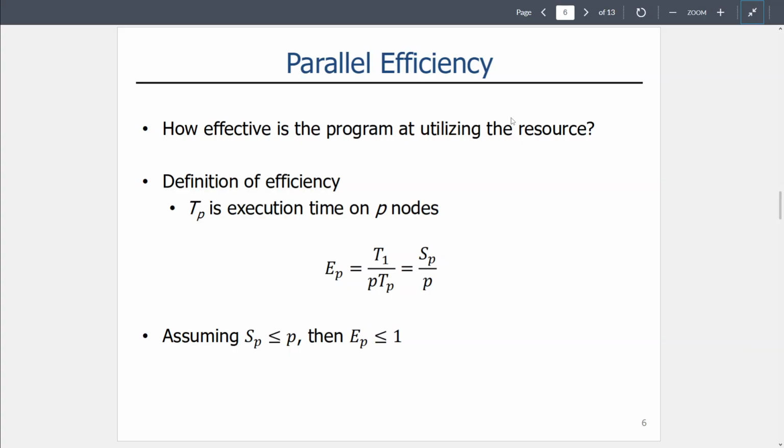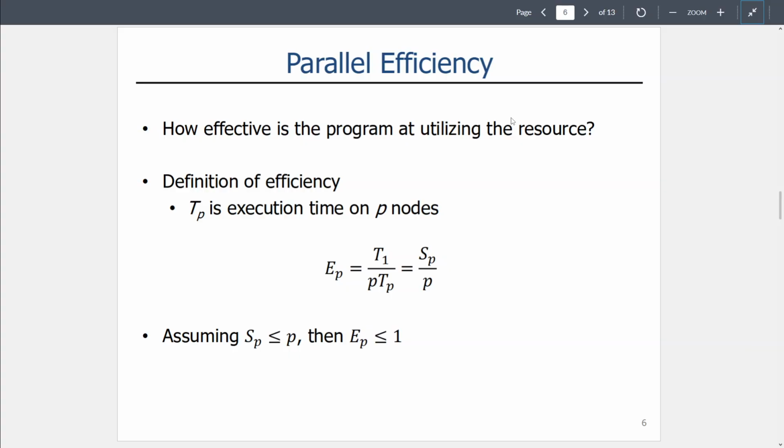So if I have P cores, I really expect to get speedup relative to that value of P. But what we're going to do is take the actual execution time, injecting that P as part of our speedup computation, and assuming that the speedup is, best case, equal to P. We're never going to get speedup that is greater than the number of cores.